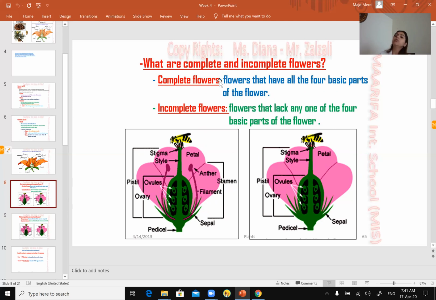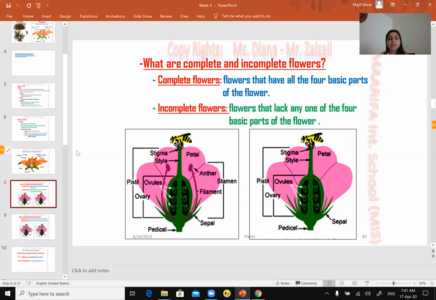Perfect flowers, which means that these flowers have both stamen and pistils, it's not a must that they are complete flowers. Maybe the sepals are missing. They lack sepals. So if it is perfect, it doesn't mean that it is a complete flower. But if it is complete, yes, 100% we should be sure that it is a perfect flower also.